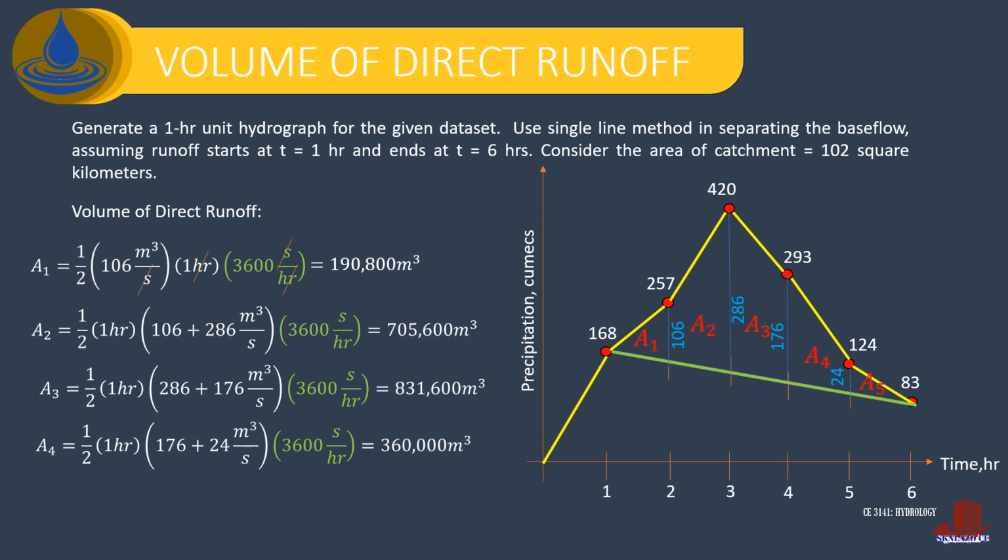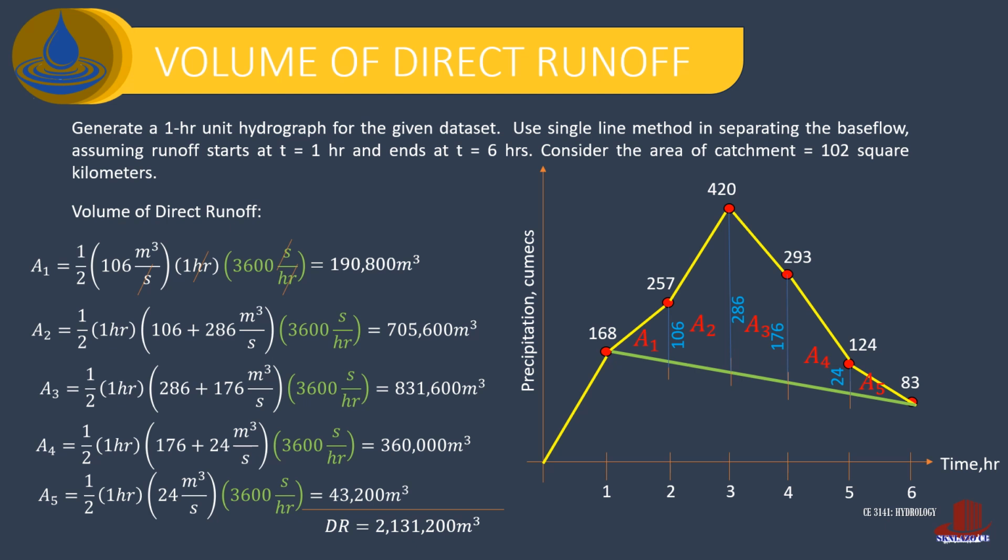The fourth area is yet another trapezoid, having half of 1 hour times 176 plus 24 cumecs, then the conversion of 3,600 to have 360,000 cubic meters. Then A5 is a triangle, so use half of 1 hour times 24 cumecs with the conversion. This gives 43,200 cubic meters.